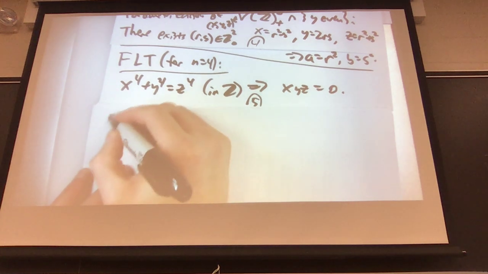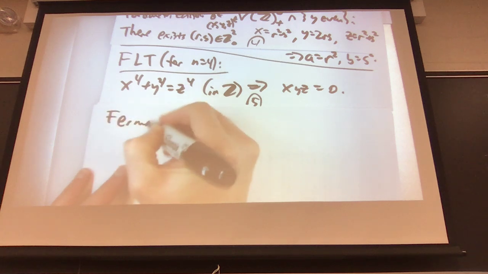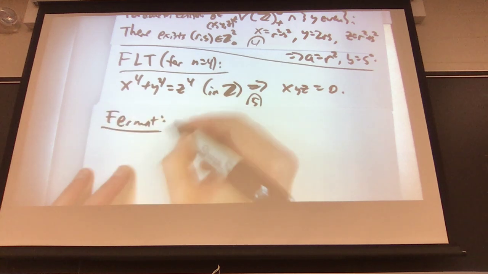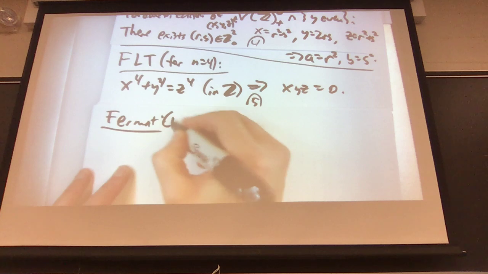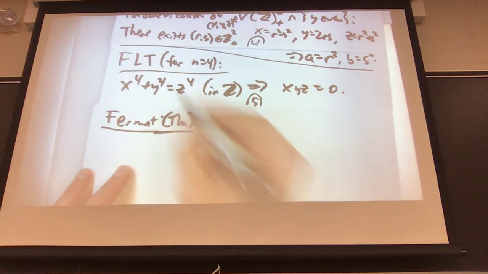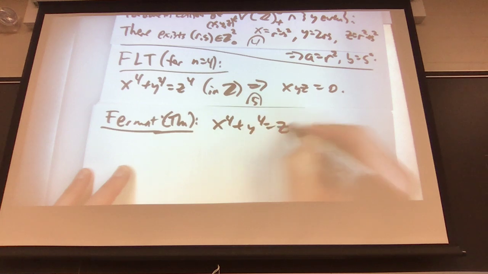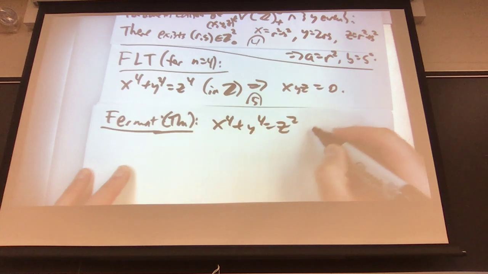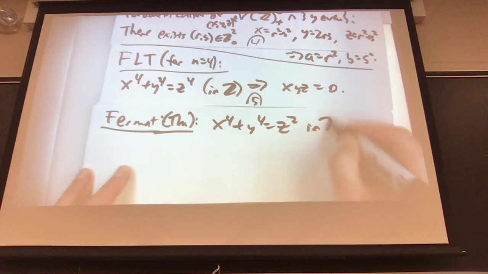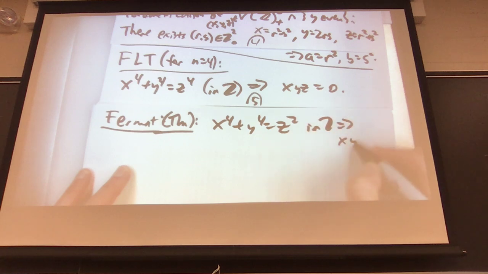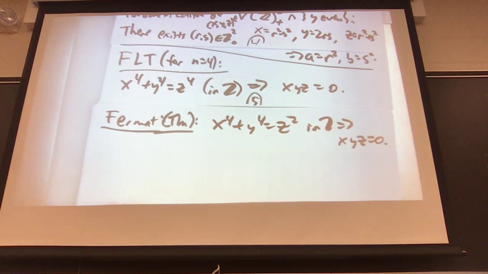So, what Fermat really proved, so this is the theorem. It's an even stronger theorem. You can't even solve this equation over integers, non-trivial.